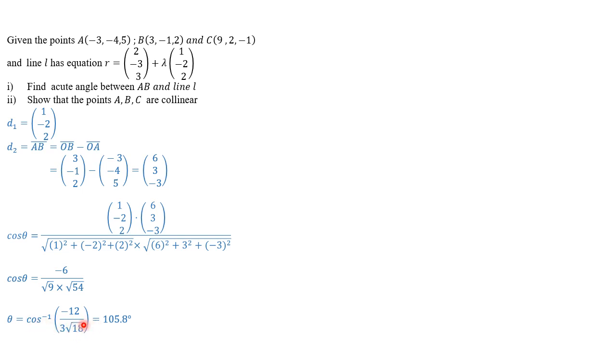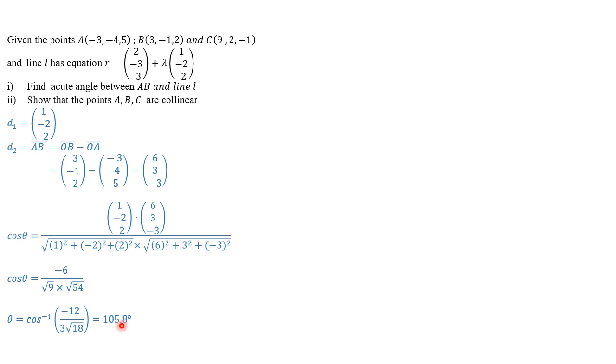So make sure the calculator is in the right mode. It's going to be arccos of this value, which is going to be 105.8 degrees. So the angle that we have is an obtuse angle, but the question is asking for the acute angle. To find the acute angle, we can just subtract this angle from 180.